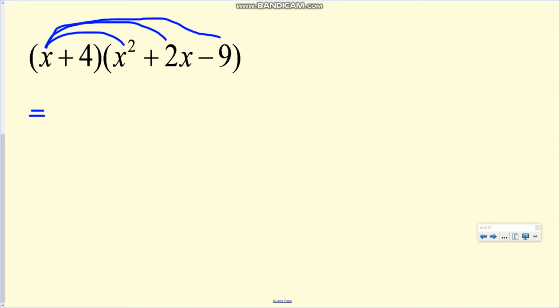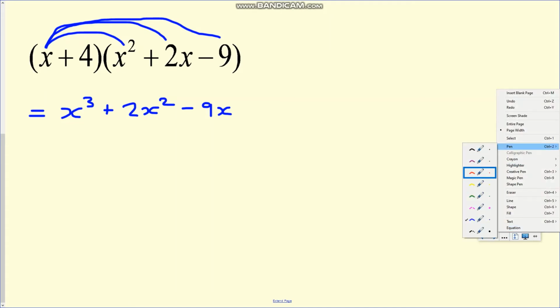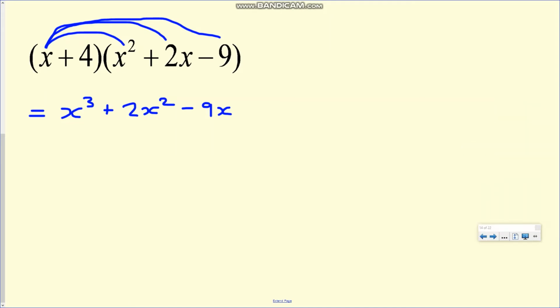X times x squared gives you x cubed. X times 2x gives you plus 2x squared. And x times minus 9, remember to include that negative sign, gives you negative 9x. Then the next part of this, I'm going to take the second term in my double bracket and multiply it through each term in the triple bracket.